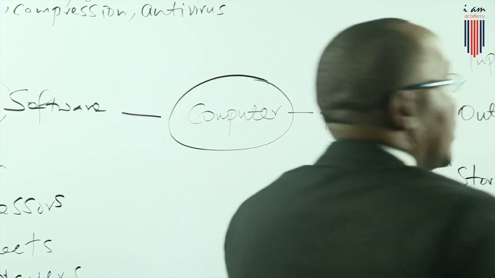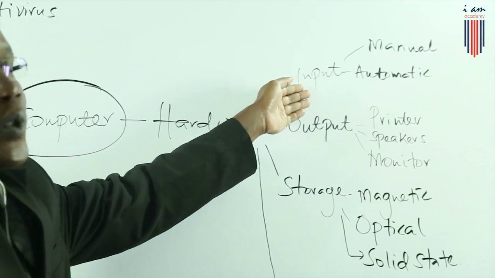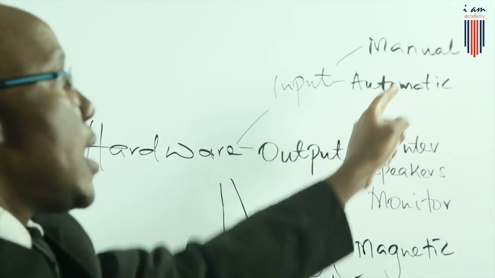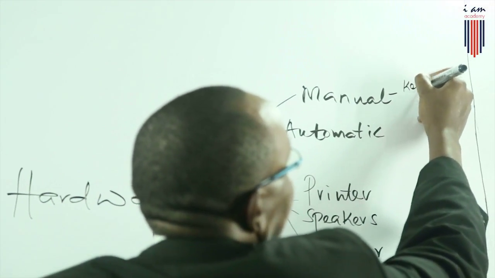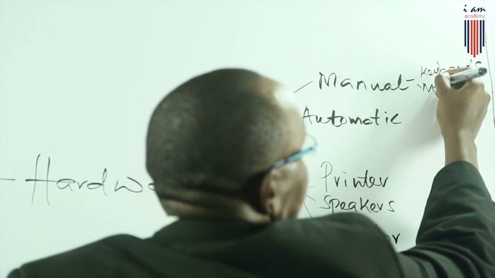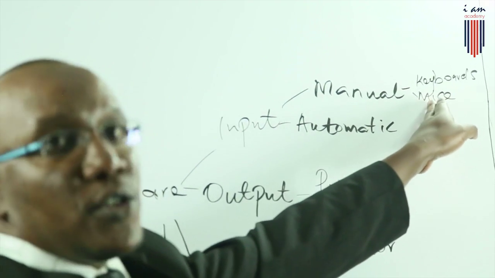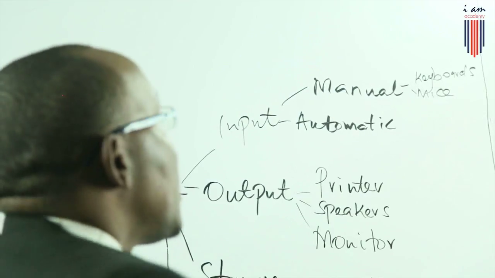Under hardware, we have discussed the several categories, including input hardware, which can be broken down into manual and automatic hardware. And in manual hardware, we talked about keyboards and mice and other such devices that require the intervention of a human being to input information.